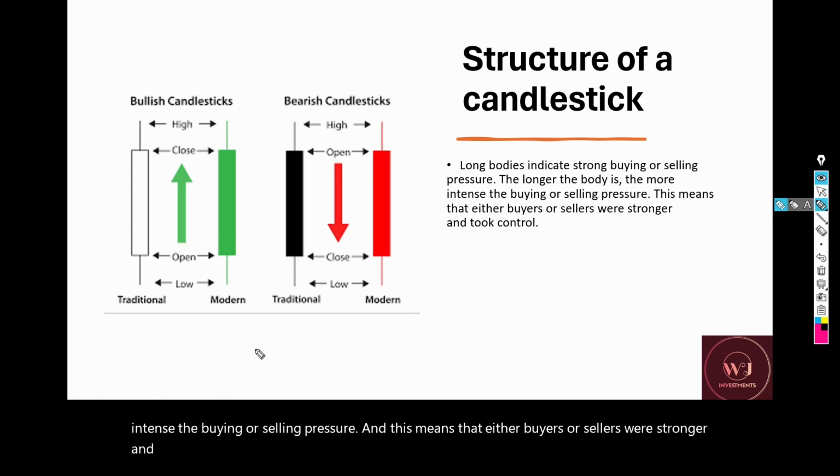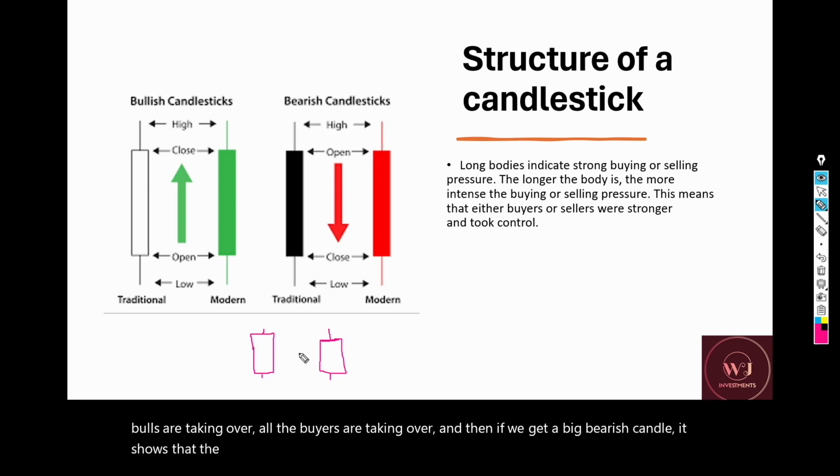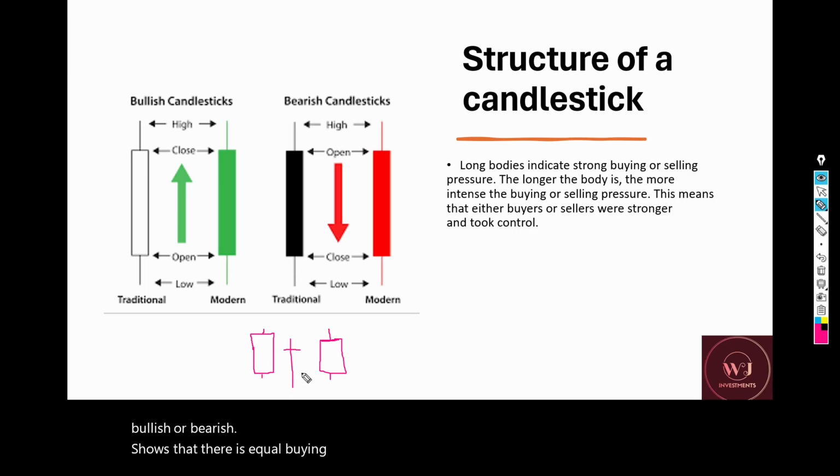For example, if we get a big green candle like this, it shows that the bulls are taking over, or the buyers are taking over. And if we get a big bearish candle, it shows that the sellers are taking over. If we get a candle like that, which is neither bullish nor bearish, it shows that there is equal buying and selling pressure in most cases.